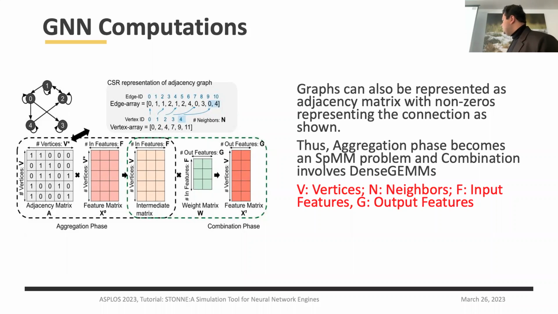So you have the intermediate matrix here, and you have the weights, and you can just represent it as a general matrix multiplication.